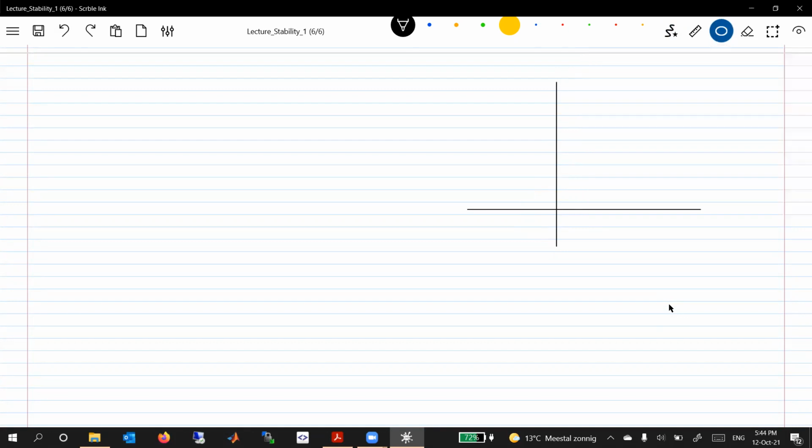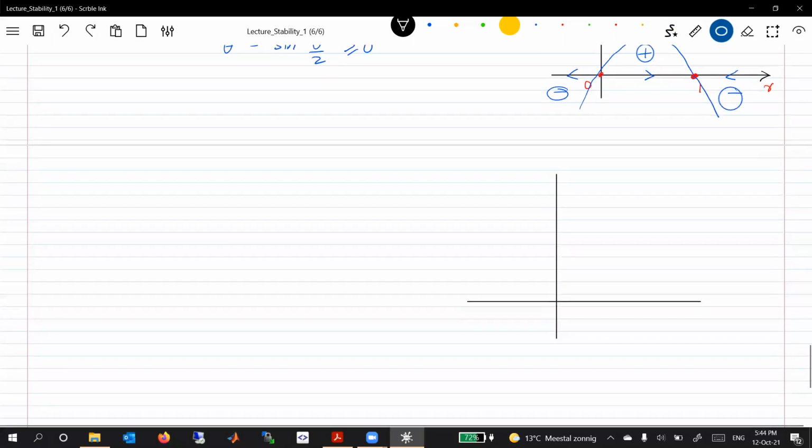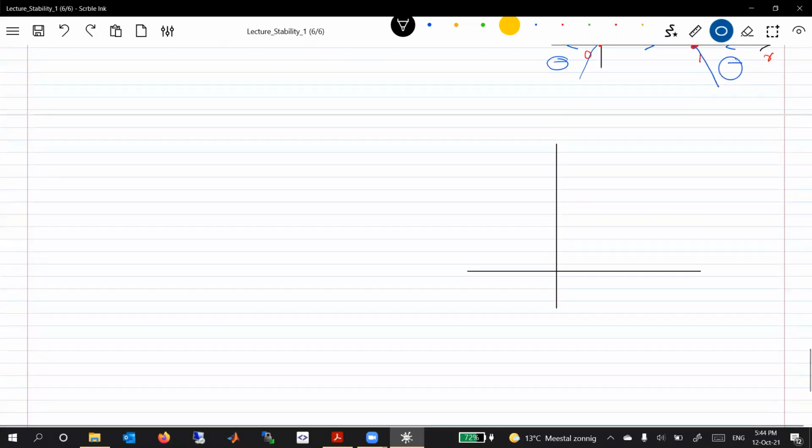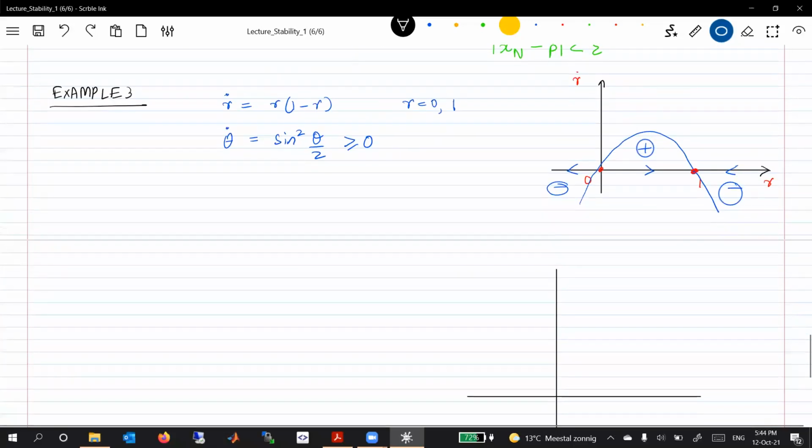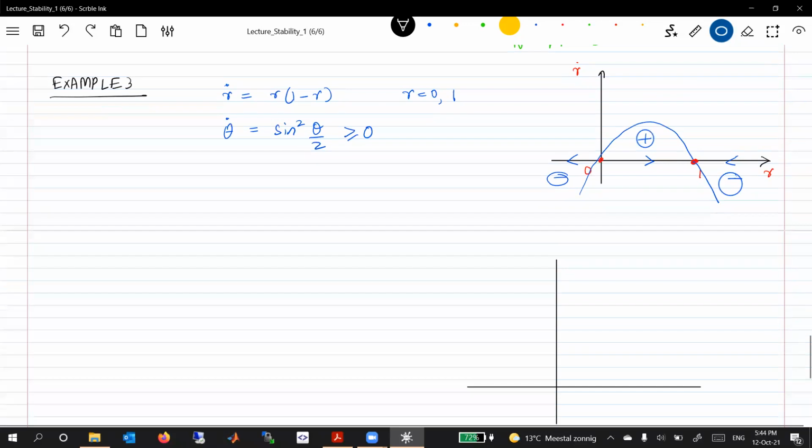You know what? I see that I'm already taking too much of your time, running past time. I'll continue this example tomorrow, and I'll do a better job at drawing this phase portrait. So I will finish this lecture at this point, and we will resume this discussion of this example tomorrow.